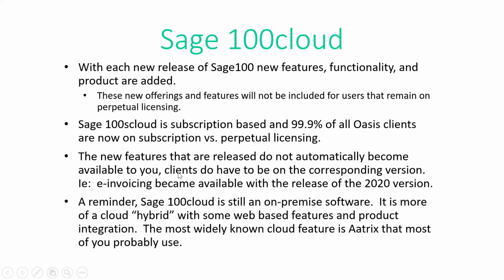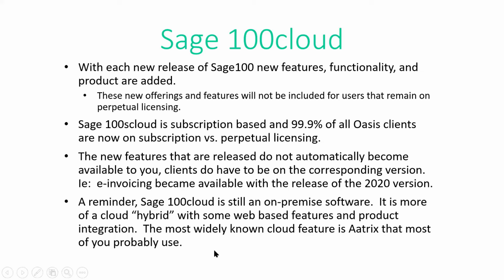What I did want to mention is that as features are released, you'll be getting information from Sage saying there's new features that are released and they're included in Sage 100 Cloud, but they become available with different service updates or different versions. So you still have to do an upgrade, or you still have to install a service update in order to get that. It just doesn't automatically become available in your Sage system.